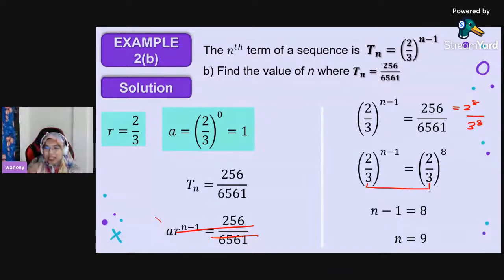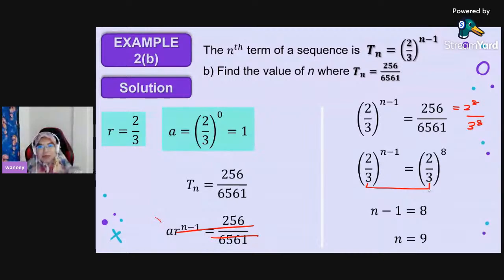It's fine. That means you must take the whole number. So make sure you use log and then put a bracket and then 256. You divide them by 6561. And then divide with log, make sure to put some bracket, to divide by 3. So you are supposed to get some value 8, exactly 8.